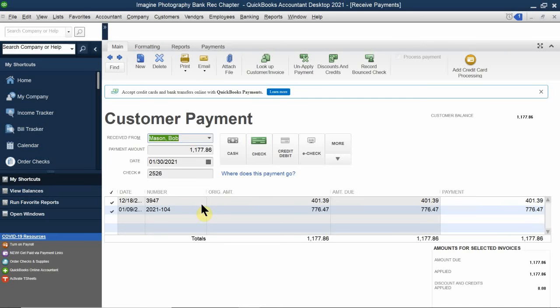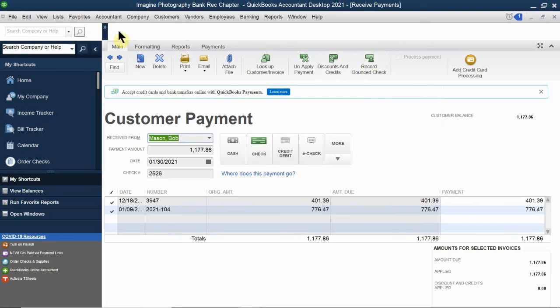So once again, when I find my payment, I go to my receive payments window to go to the customer payment, and here it is. I located Mr. Bob Mason's check. And how do I record the bounced check? Only one way. You must locate it first, and at the very top, you have record bounced check.